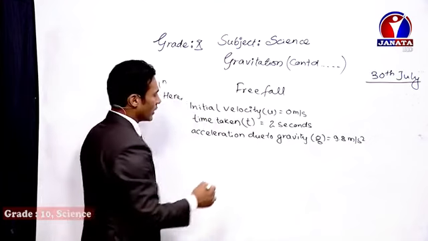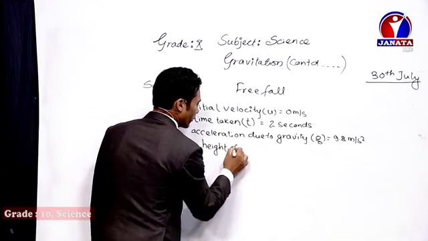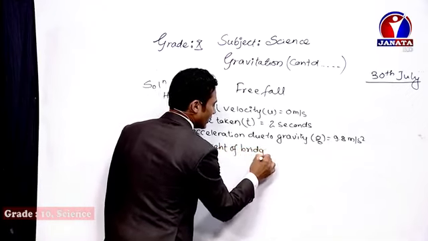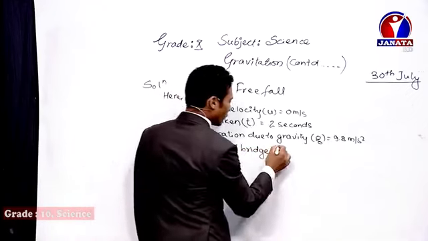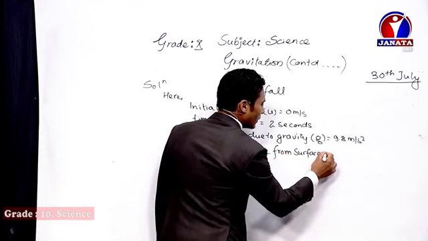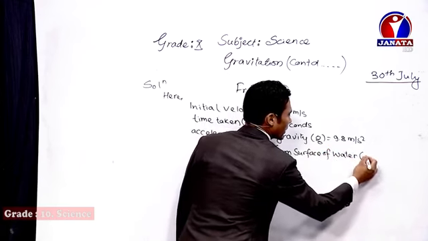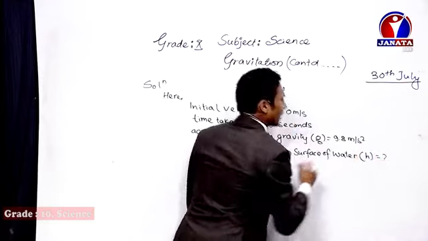We need to find the height of bridge from surface of water. So this one I will represent by h equals to what?